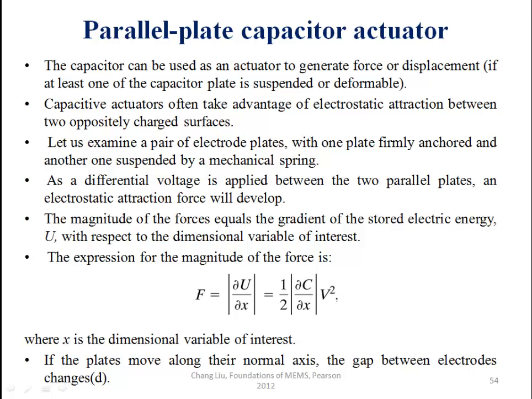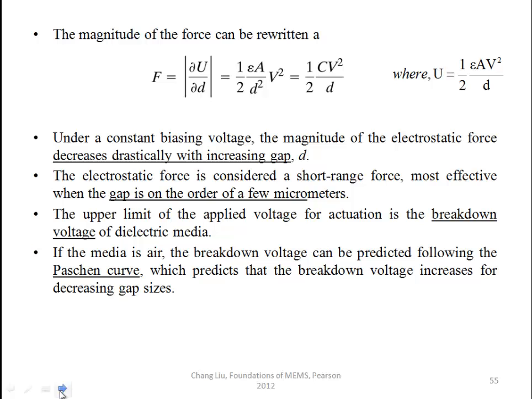And the magnitude of this force can be calculated by taking the gradient of the stored electrical energy with respect to the dimensional variable of interest. So if you are considering movement in the x direction, then our variable of interest is x. If you are considering that the parallel plates are moving in the normal axis, that means in the direction of d, then our variable of interest is d.